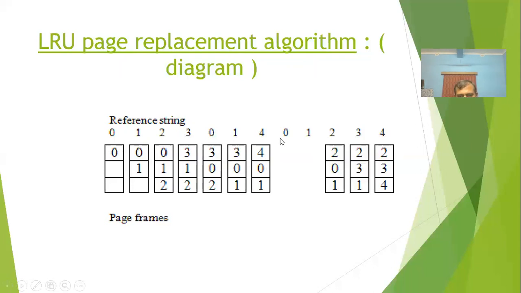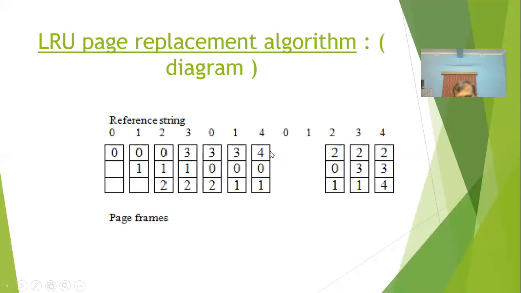So now the frames will be containing 4, 0, and 1. Next, 0 and 1 are already there, so no page faults. Then again, a fault will be happening for page number 2. Now 4 is the least recently used, so we will be replacing 4 here, because in the last 2 cases we have already used 0 and 1.